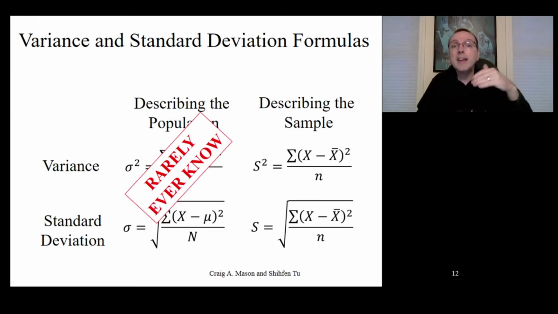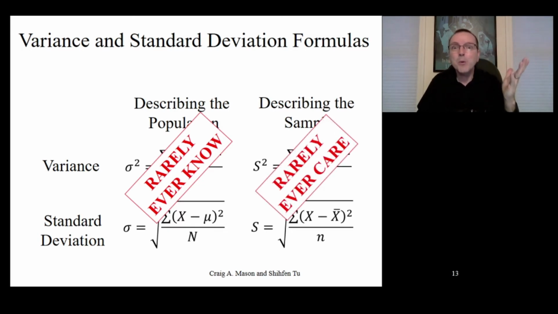Consequently, while we can calculate capital S and S squared as a way of strictly describing our sample, rarely do we ever want to just do that. We want more. We don't just want to use the descriptive formula to describe our sample. What we really want to do is use our sample to estimate or infer what the population looks like. In this case, we want to estimate the standard deviation and variance in the population based on our sample.